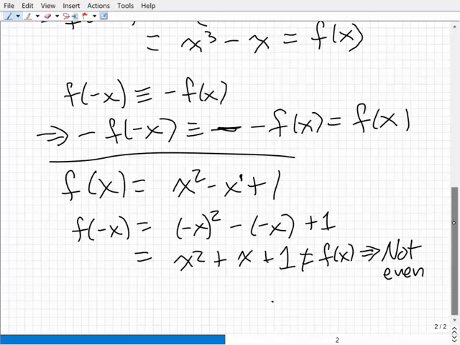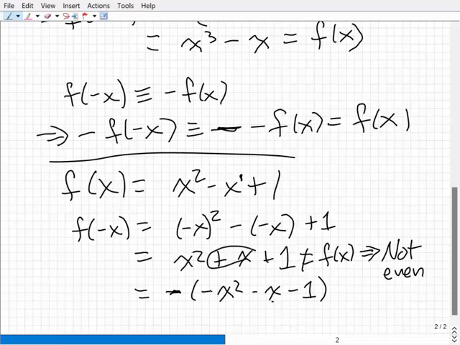Now the way I like to do it is I want to know, is this the same as negative f of x? Well, let's see. If I pulled a minus sign out of everything, two minuses make a plus.